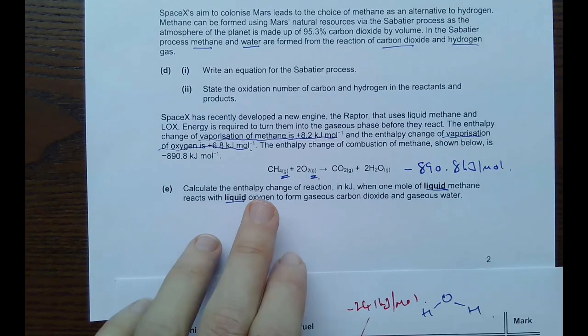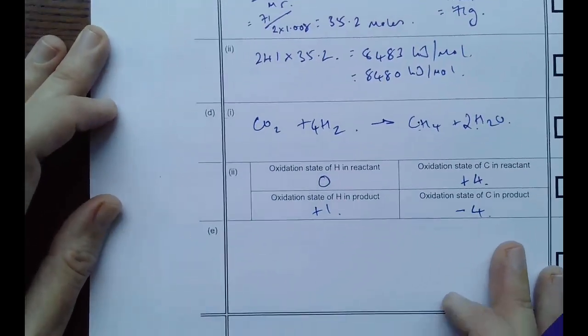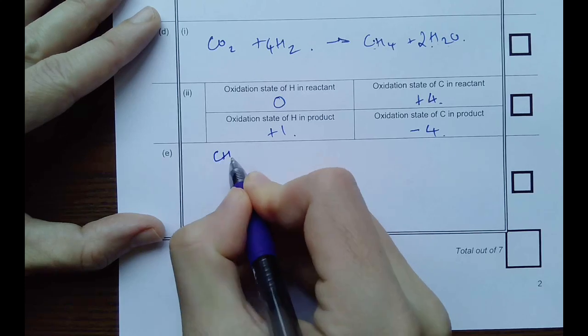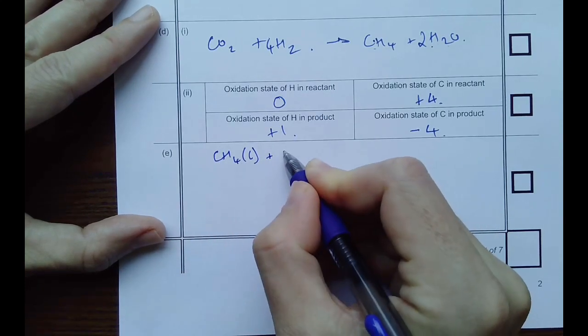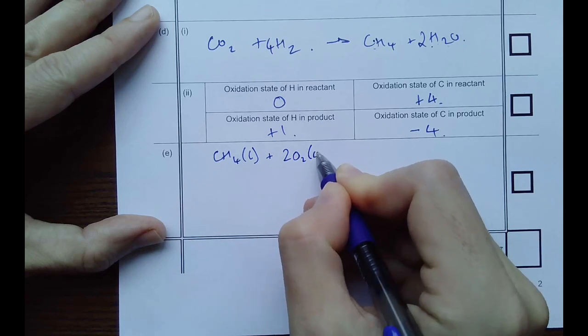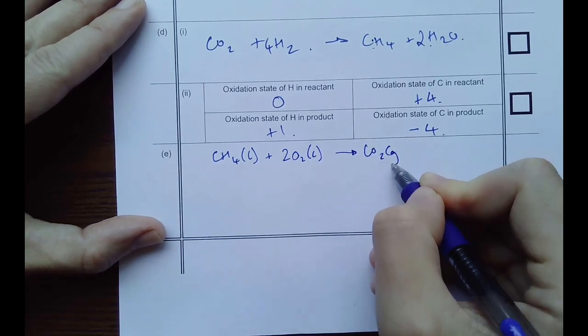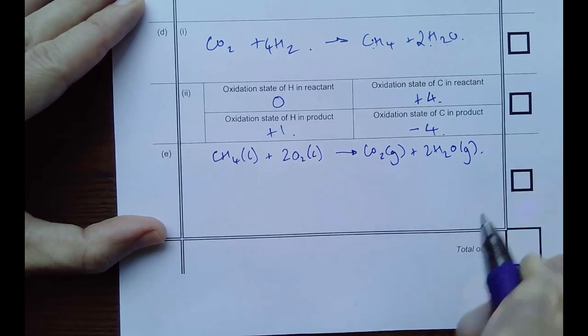So what I'm going to do is first write out the equation that it wants you to find. So the equation it wants me to find is CH4 liquid plus 2O2 liquid becomes CO2 gas plus 2H2O gas.